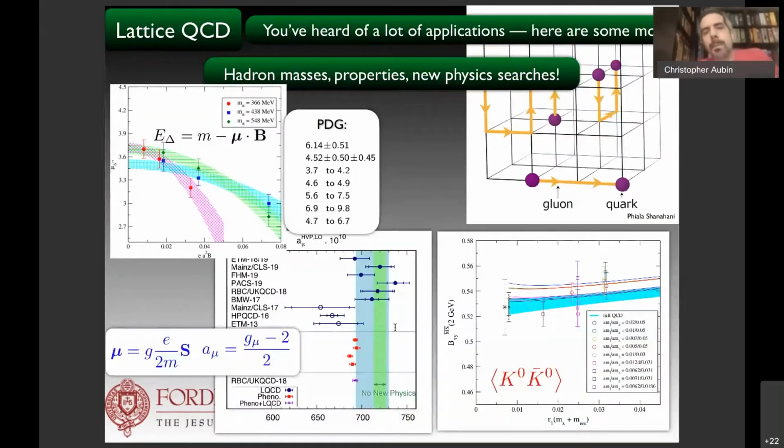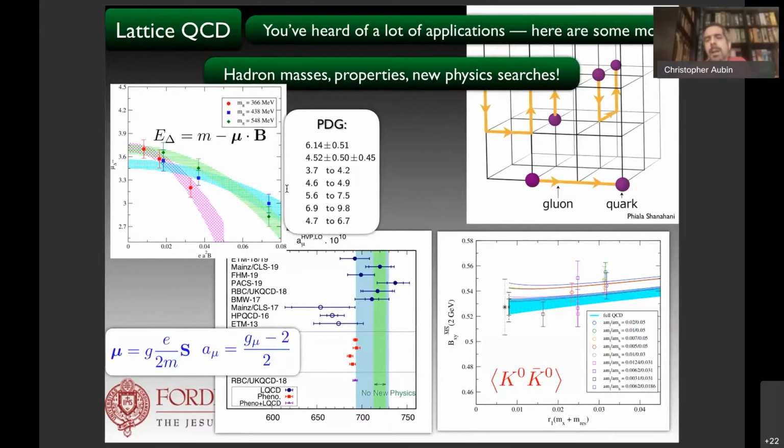Now, again, I'm not going to go with the whole background of lattice QCD because you had a lot of that on Friday and with previous lectures. And I'll talk about a few applications that will be relevant for today's lectures.